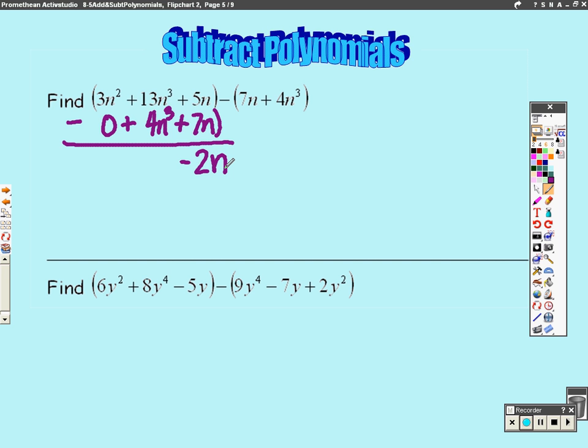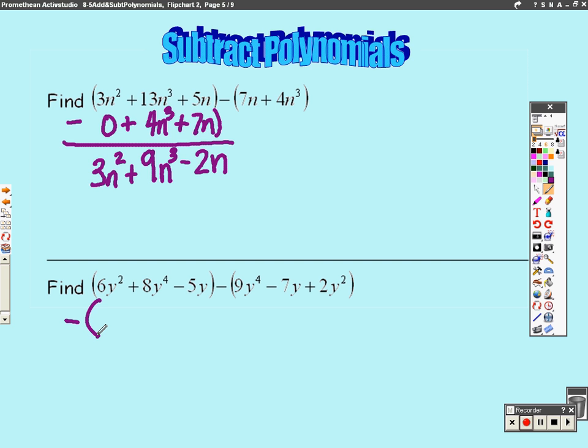I have 13n cubed minus 4n cubed, which gives me 9n cubed. And then I also have 3n squared, and I'm subtracting 0, so I end up with 3n squared. Okay, it's very easy if you're just careful with your addition and subtraction.